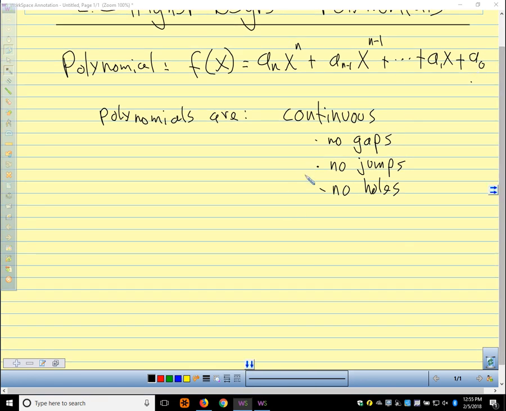And another important property of polynomials is that they have no sharp turns.